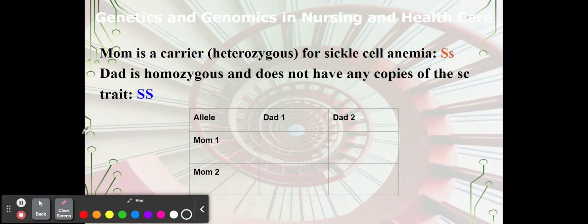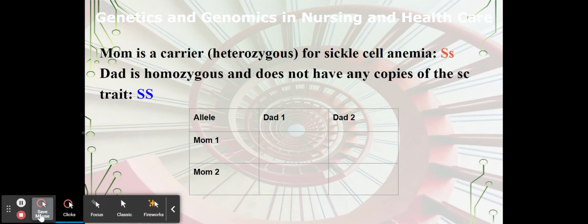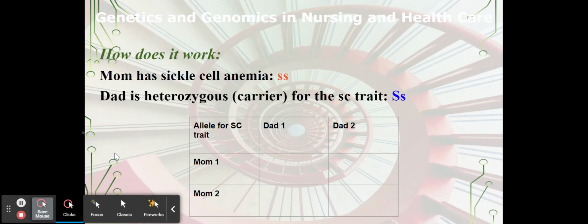Okay, let's do it again. But this time, mom has sickle cell anemia disease. She has both traits for sickle cell, and she has those characteristics, shaped cells that cause sickle cell crisis. Dad is a carrier. He is heterozygous.